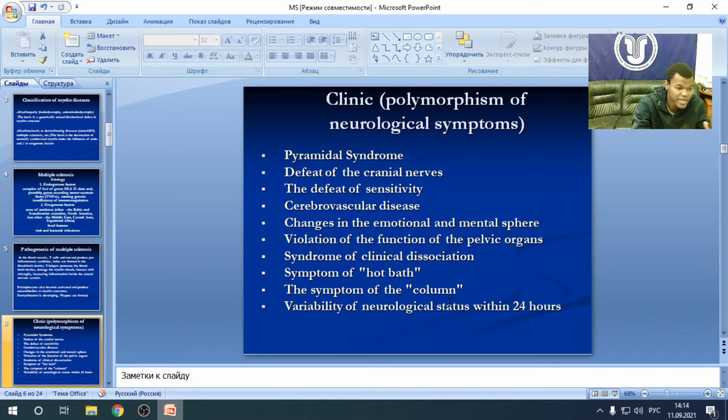First you can see a pyramidal syndrome, which is about the symptoms we talked about from the central pyramidal system. Then defects of the cranial nerves, problems with cranial nerves, problems with sensitivity, cerebral vascular diseases, changes in the emotional and mental sphere, and violation of the function of pelvic organs.